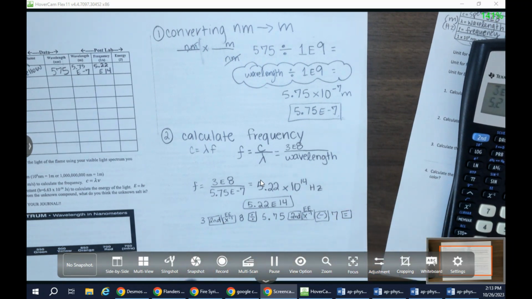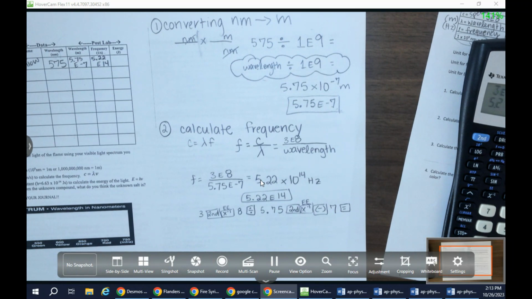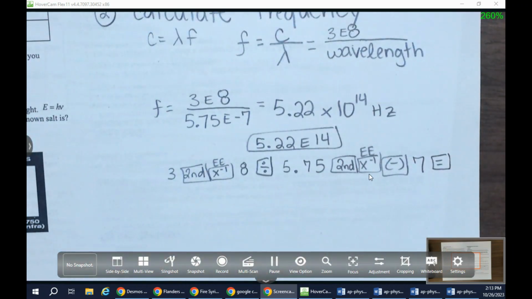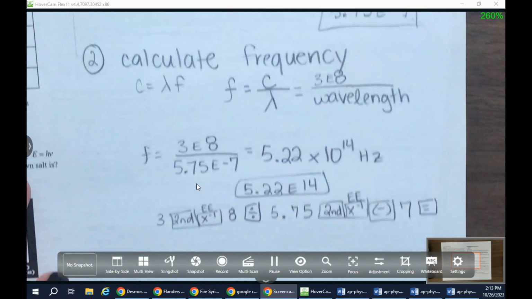That's what I typed in. If you need to follow that a little bit, that's fine. Let me go ahead and zoom into that so that you can see it.